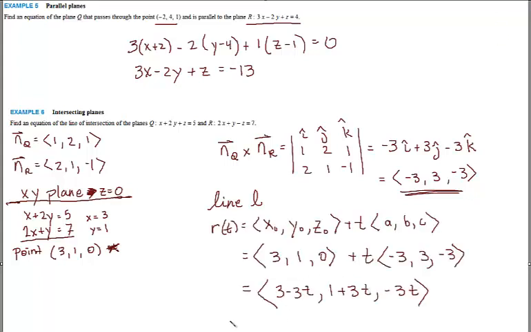And here you have it. This is our line. So my x is the 3 minus 3t, the y is the 1 plus 3t, and the z component is this minus 3t. And this would be the equation of the line that is the intersection of the planes.